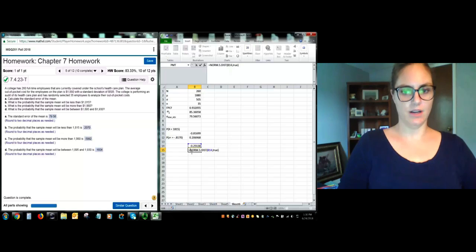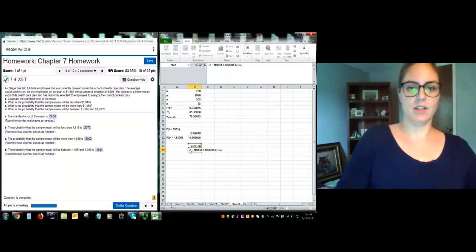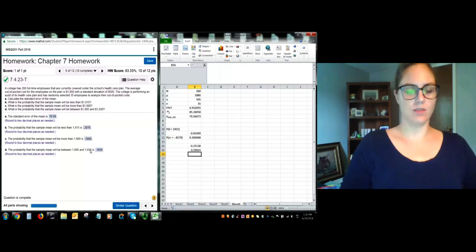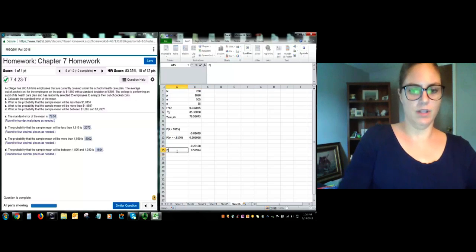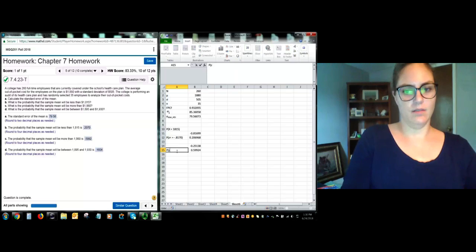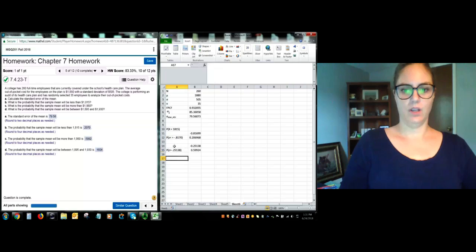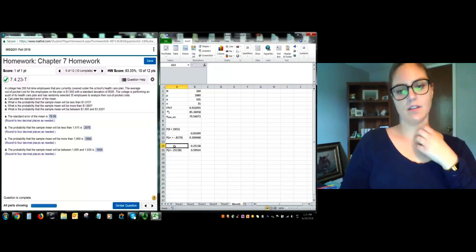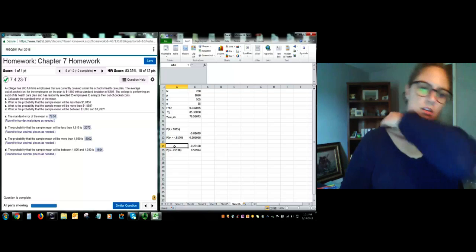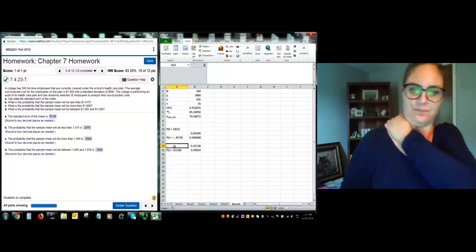So I'm going to take this entire thing and subtract it from 1. And that's where I'm getting that 0.5992. So the probability that in this case z is greater than negative 0.25138. Okay, and again that's the same thing as saying the probability that it's greater than 1,860.